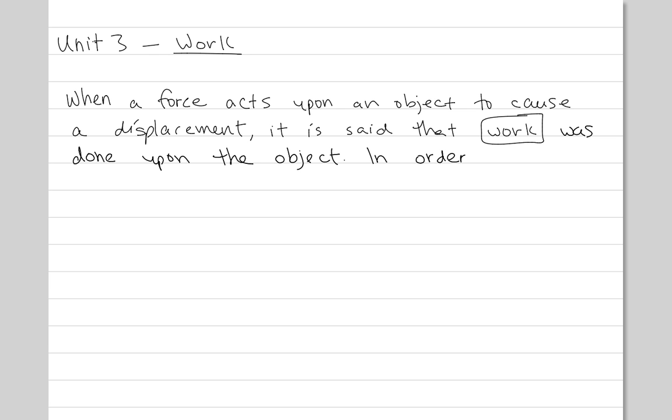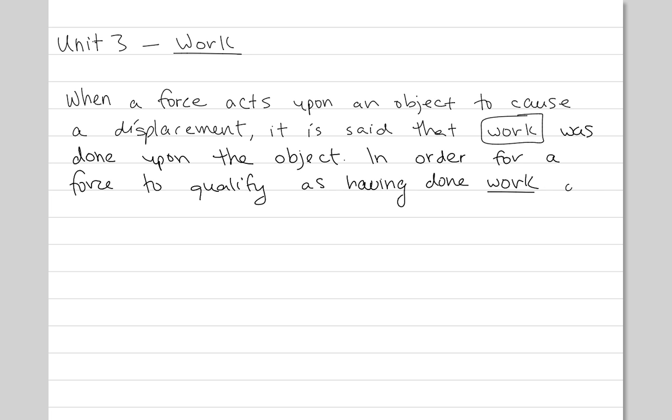In order for a force to qualify as having done work on an object, there must be a force.